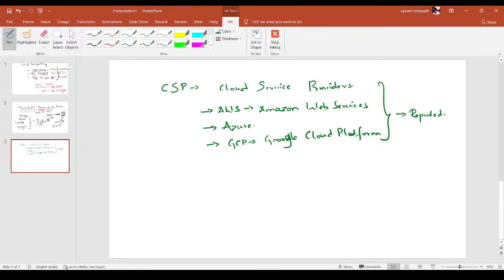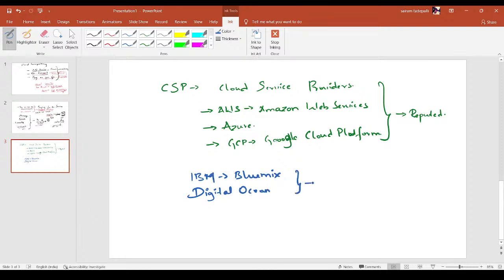cloud service providers, and including these three we also have a few more, like IBM, which we also call Bluemix, and DigitalOcean.